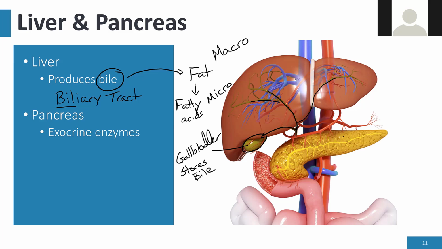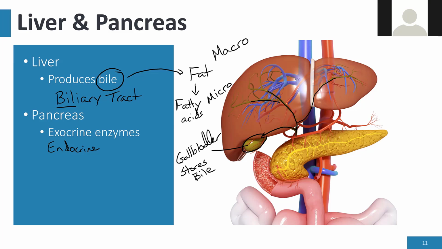Another component, right, is the pancreas. Remember, the pancreas has exocrine and endocrine functions, right? So the endocrine functions are what the pancreas does in terms of producing insulin and glucagon and somatostatin to help stabilize blood sugar, right?